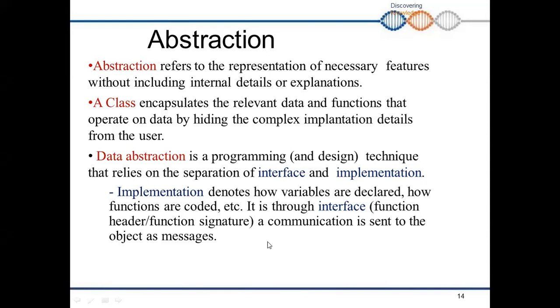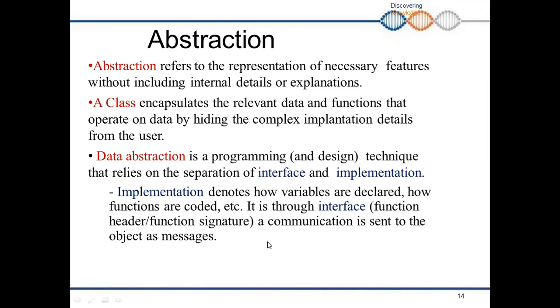So data abstraction is a programming technique that relies on the separation of interface and implementation. Interface is viewed by the user and implementation is the execution of our code.